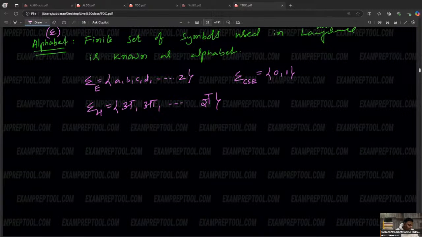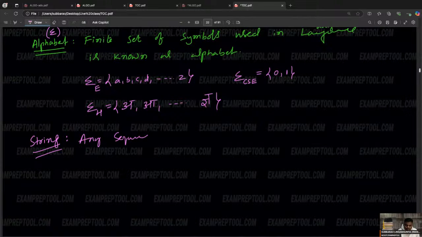Alphabet is over. I have given some examples also. Next one is string. A string is a sequence of characters. Everyone knows a string is a collection of characters only.